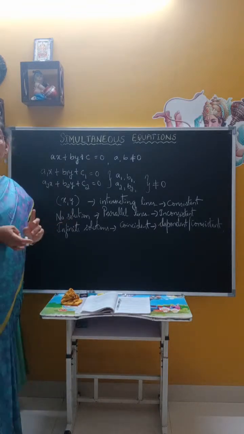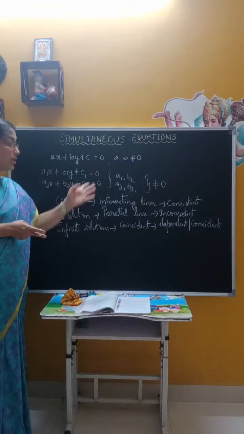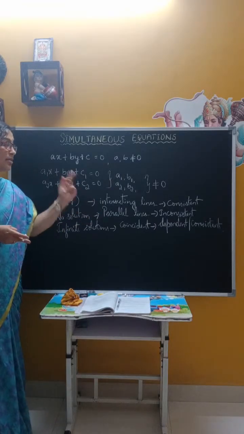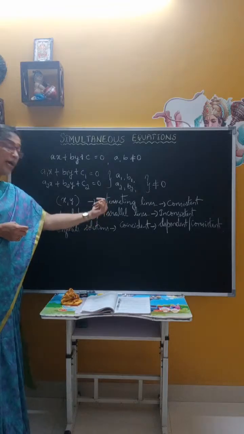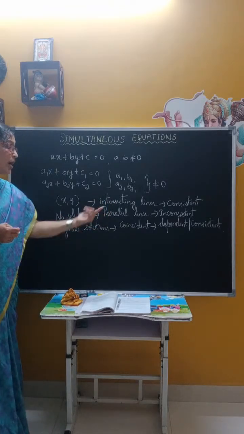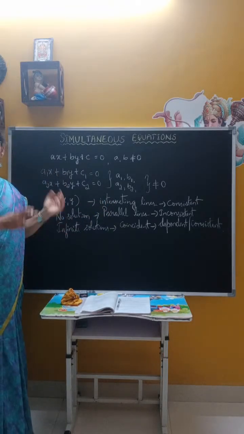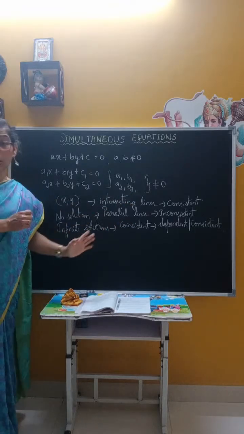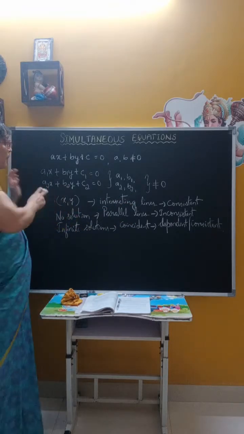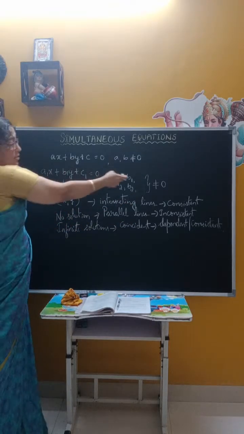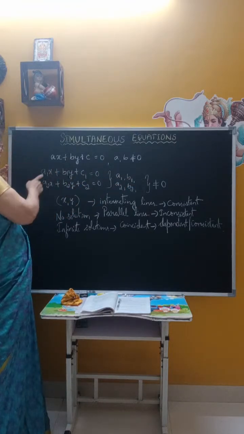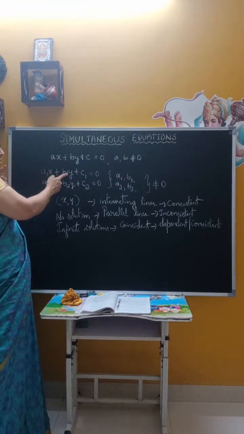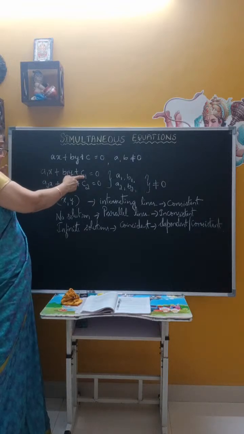Now let us learn how to find whether these lines are consistent, inconsistent or dependent, or whether they are intersecting, parallel or coincident lines. For all this we have the same method, that is, comparing the coefficients of the variables. Here a1 is the coefficient of x, b1 is the coefficient of y, and c1 is the constant in the first line.